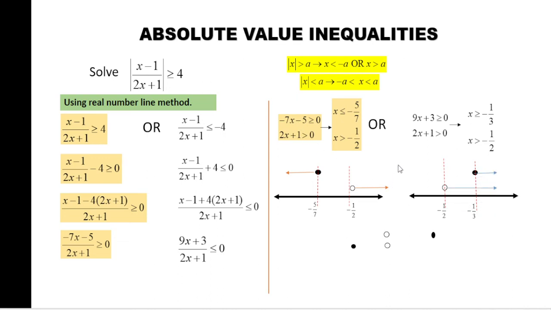Then the best part, our task is to fill in the number line with the positive and negative signs. It is very easy. When the line crosses over a region, you just put a positive sign.